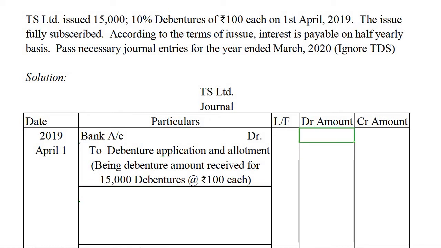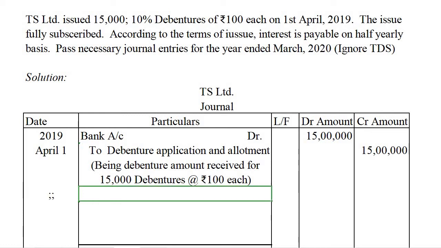So the amount will be 15 lakh. So 15 lakh we will write. On the credit side also we have to write 15 lakh. Okay. Now this amount, on the same date, will be transferred into the capital.